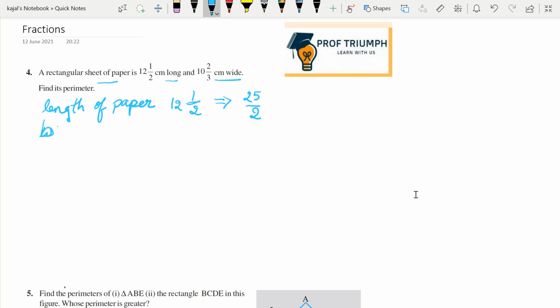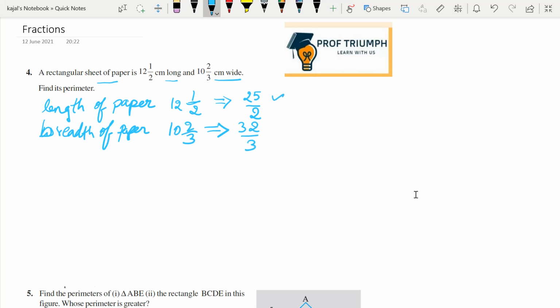Now the breadth of the paper is given as 10 2/3. We again have to convert this mixed fraction into an improper one. 10 times 3 is 30, plus 2, that means 32 upon 3.